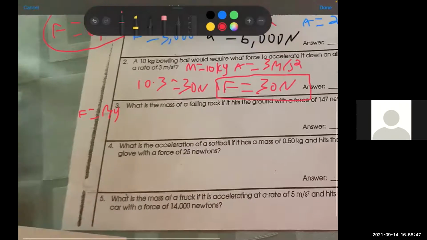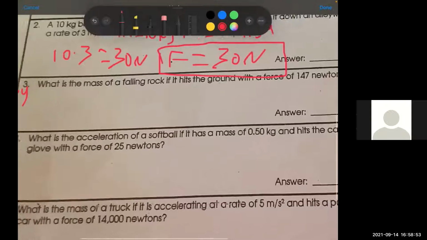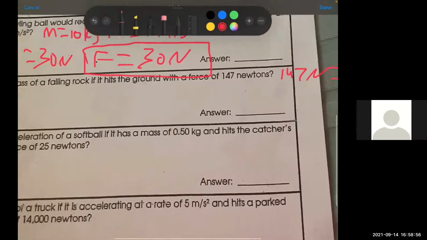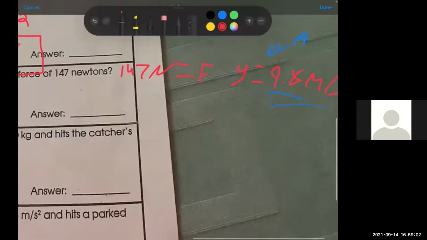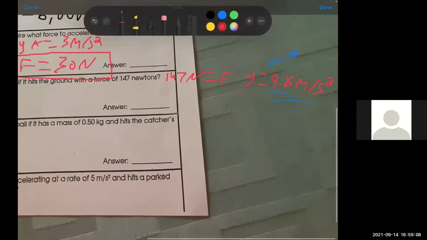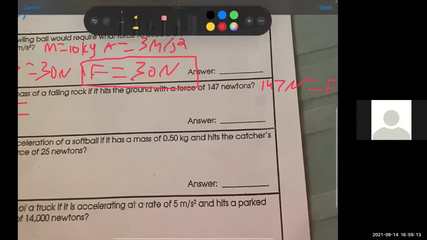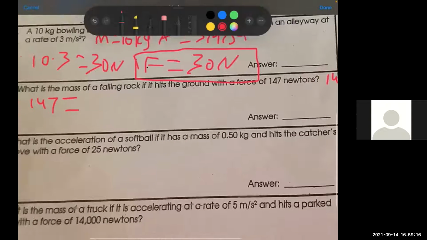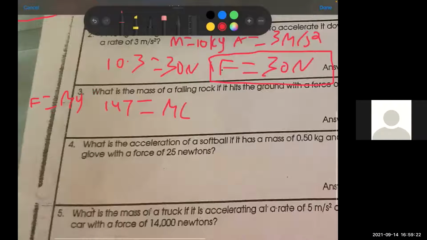As we can see right over here, 147 equals mass times 9.8. We will need to divide 147 by 9.8.